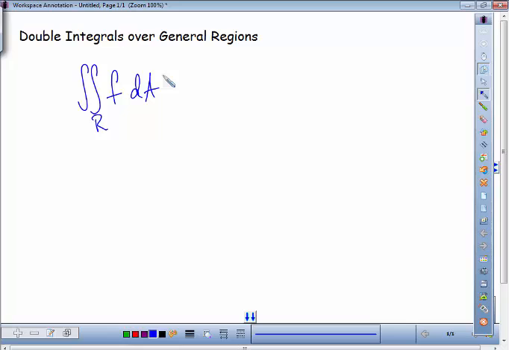The double integrals that we've been working with have been special in the sense that the region R has always been rectangular.